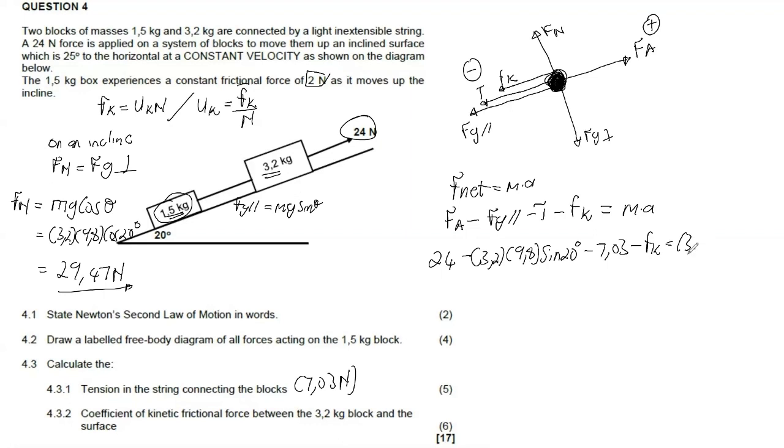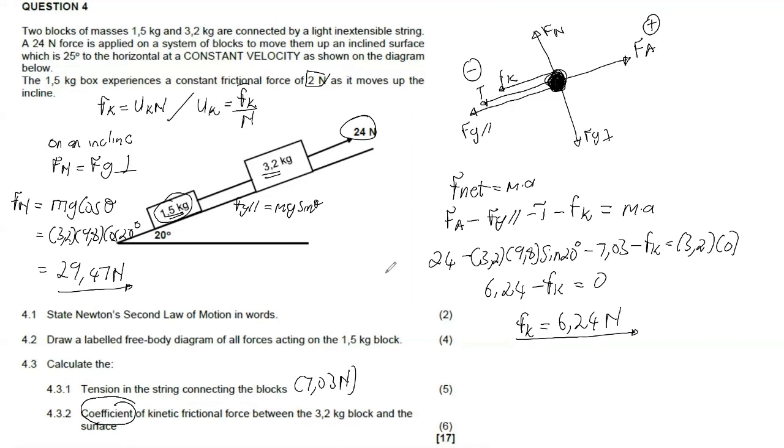Then here we have 3.2 multiplied by 0 because of constant velocity. Then if we punch all this into our calculator, we get 6.24 minus Fk is equal to 0. So that means our kinetic frictional force is 6.24 newtons if we transpose there. But then remember, we are not looking for the magnitude of the kinetic frictional force, but we are looking for the magnitude of the coefficient, right?